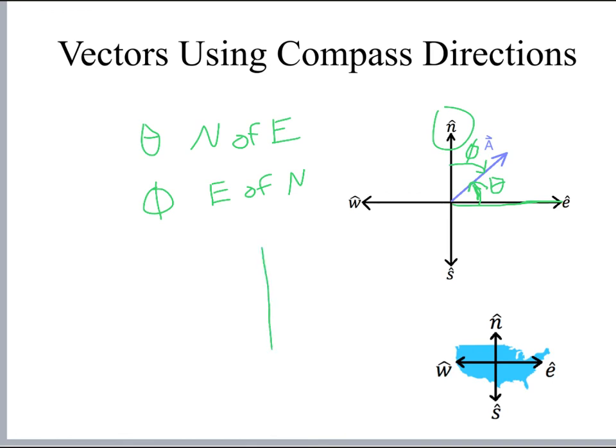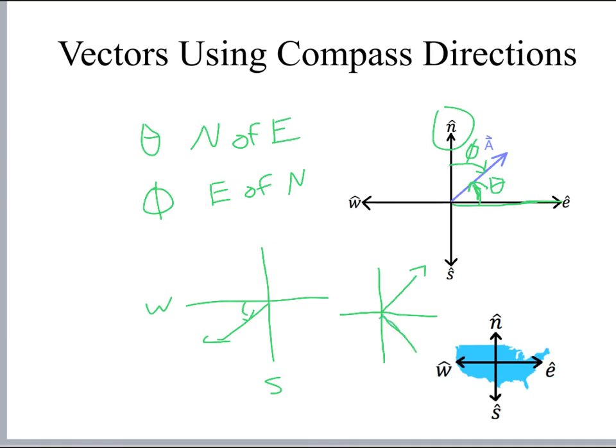So if I had a vector like that, and I wanted to know what the direction of that vector would be, well, here I've got the west, here I've got the south. That would be south of west. Now, one little caveat: if the angle is at 45 degrees exactly, this angle we would say is northeast.